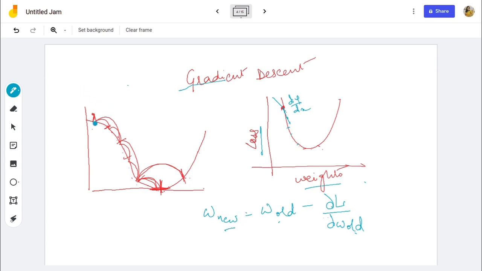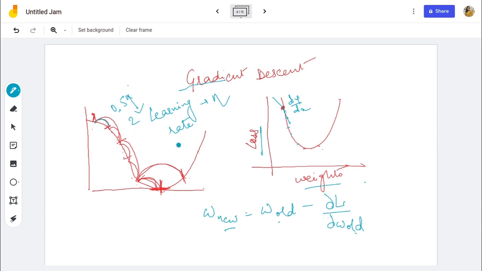Now here you have a chance of going 1 step at a time. You have a chance of going 0.5 steps at a time. You have a chance of going 2 steps at a time. So this magnitude is known as the learning rate. This is denoted by eta.